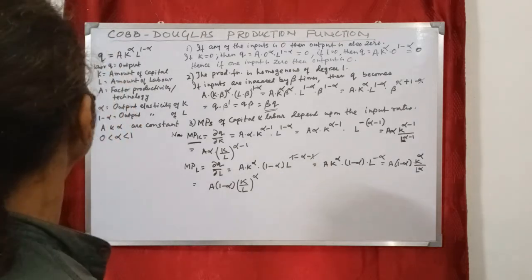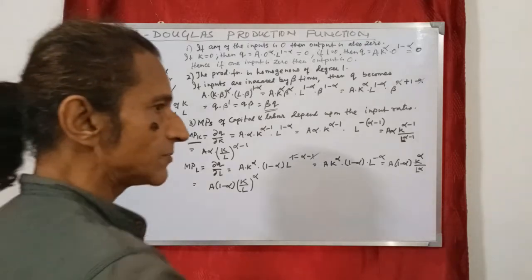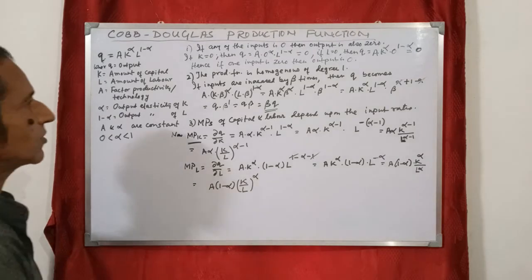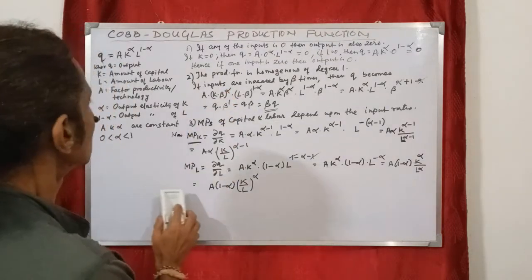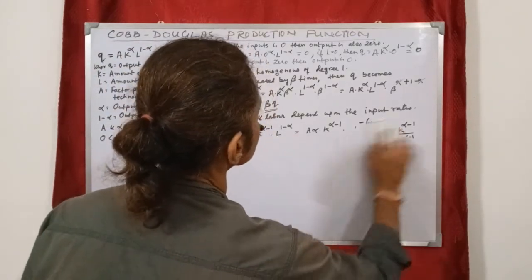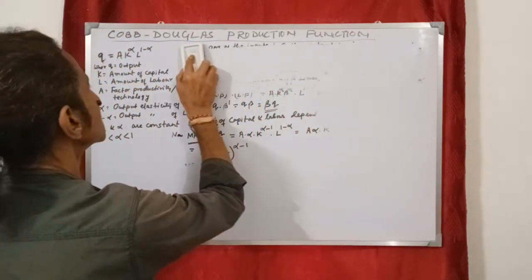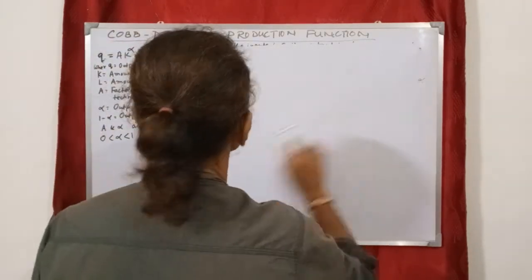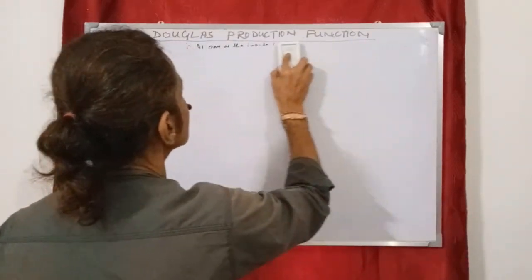Now I am coming to characteristic number 3, but before that we have to erase this part because I need space. So I am erasing characteristic 1 and characteristic 2. I have erased the explanation of characteristic 1 and 2.